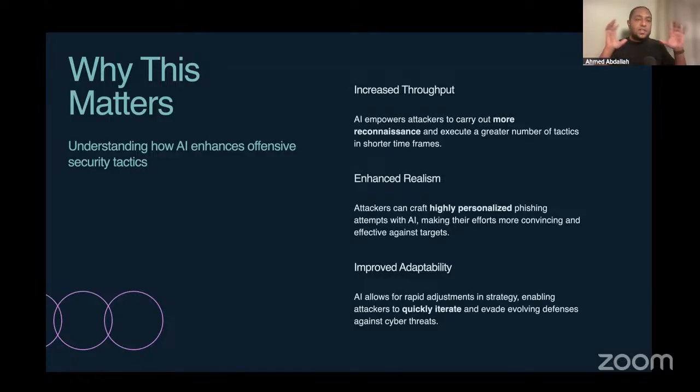Because you can think about it like that. Imagine that you have a penetration tester or there is a hacker out there. In order to accomplish a certain task, to complete the full cycle of the attack vector on one target, that hacker is going to use a number of tools, let's say 30 plus tools, in a sequential manner.